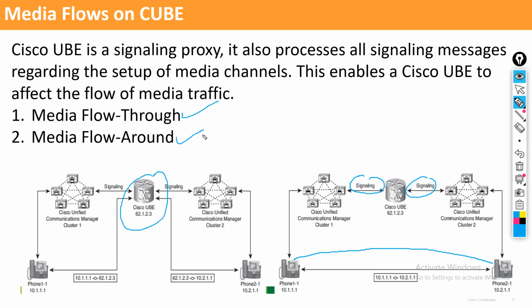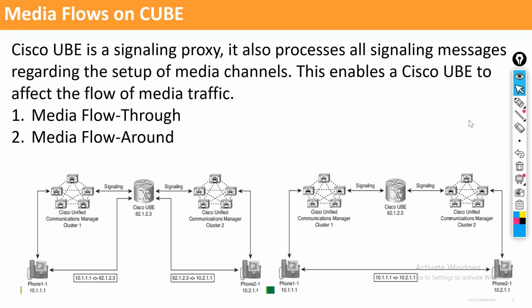If the RTP is not flowing via the CUBE router, maybe another path has been taken, then it's flow-around. So we call these media flows: media flow-through and media flow-around. You can configure this on the CUBE, configuring how your media has to flow.